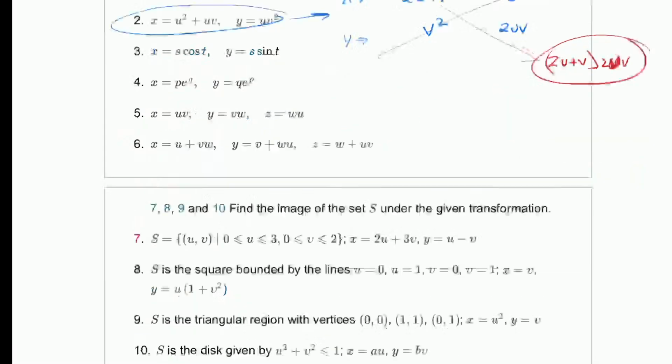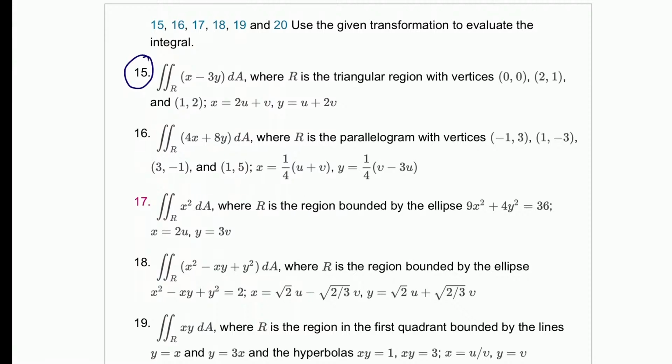Moving on to the second batch, which was this. We had started number 15, but we can look at any of these if we need to. The hard thing here, I think, is sorting out the difference between what you're given for your transformation and what is u and what is v.